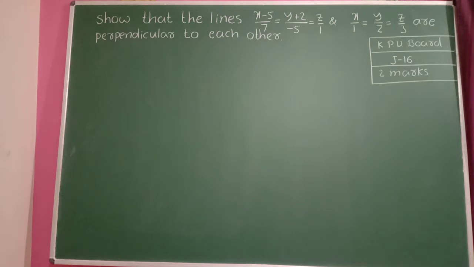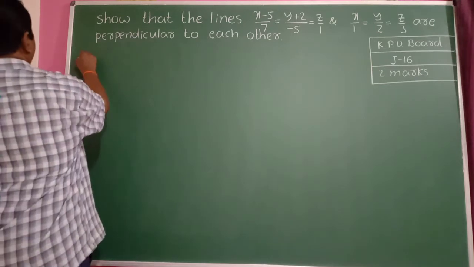So show that the given lines are perpendicular to each other. Okay, take your solution.